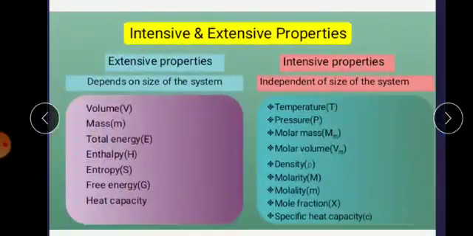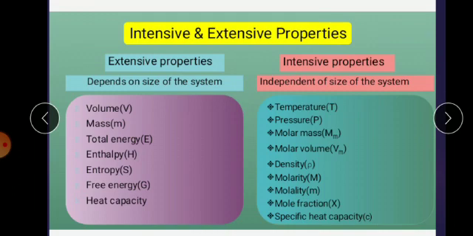So we can explain the intensive and extensive properties more. Extensive properties depend on the size or mass of a system. Intensive properties are independent of the size or mass of the system.